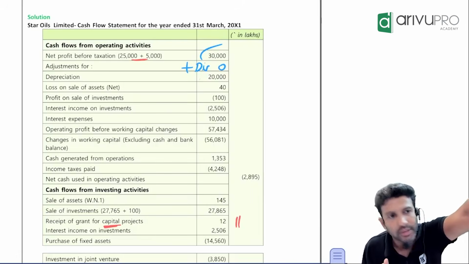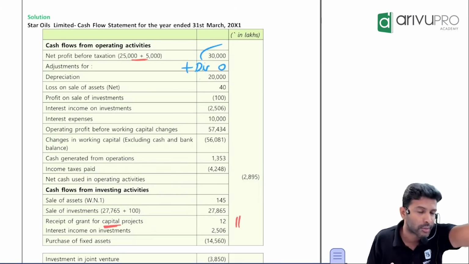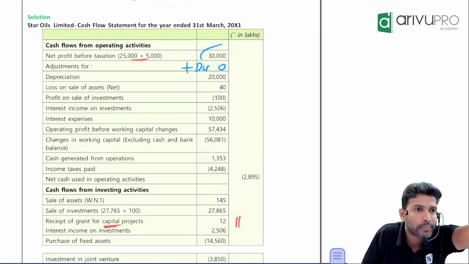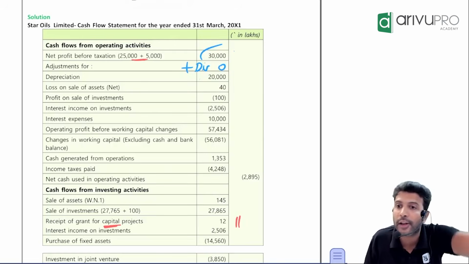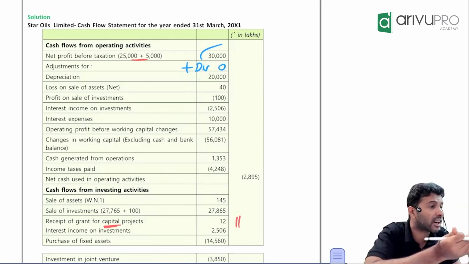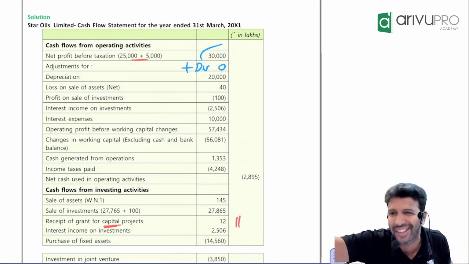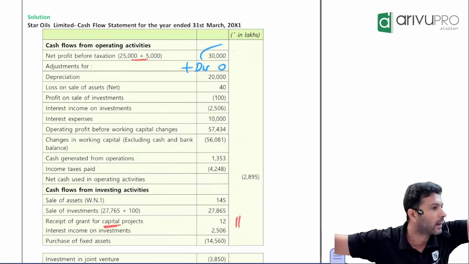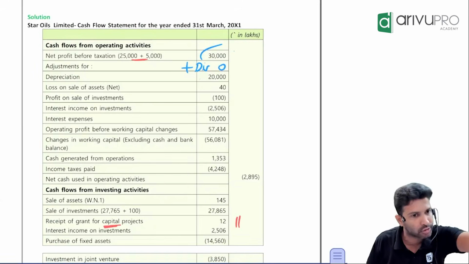Understood? You will add back dividend in two circumstances. One, your starting point is profit after all adjustments. And two, the dividend should relate to the current year. If nothing is declared in the current year, you don't have to add anything. Keep these two checkpoints in mind so that you will not go wrong.